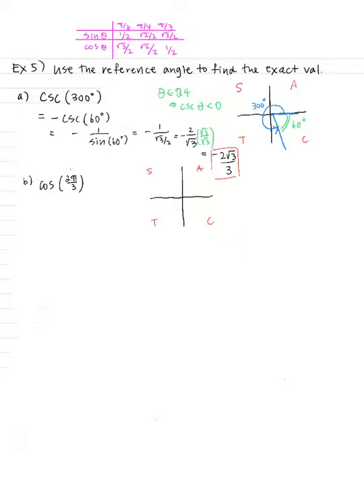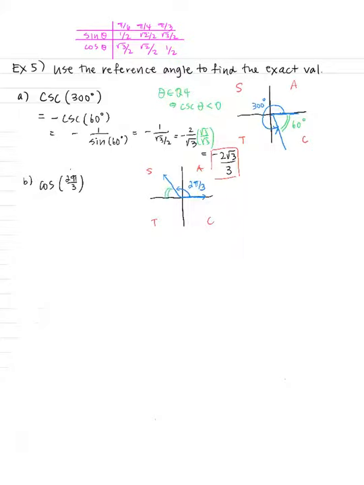Again, if you're not comfortable, pi over 3 is 60 degrees, so 60 degrees times 2 should lie in quadrant 2. So let me draw the initial side and a terminal side. From here to here, our angle is 2 pi over 3. As I mentioned before, if it's 2 pi over 3, then its reference angle is always going to be pi over 3. Good to know, right?